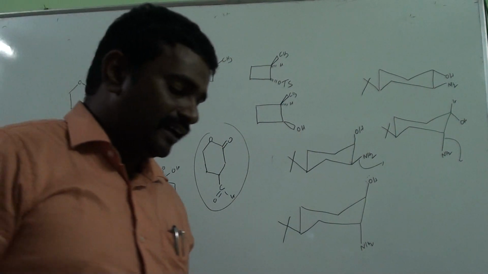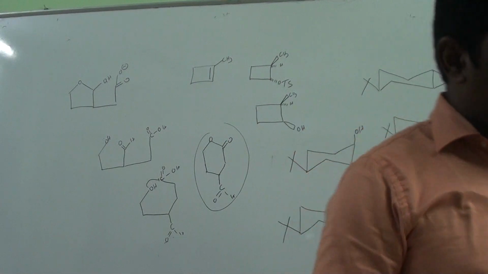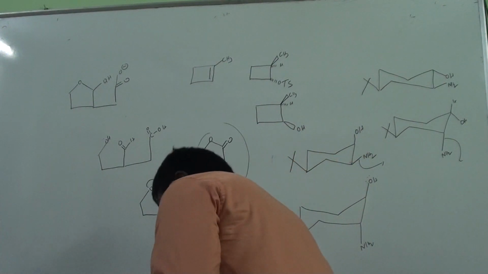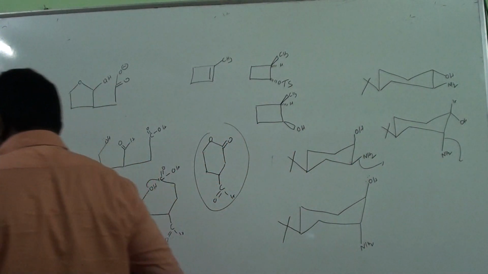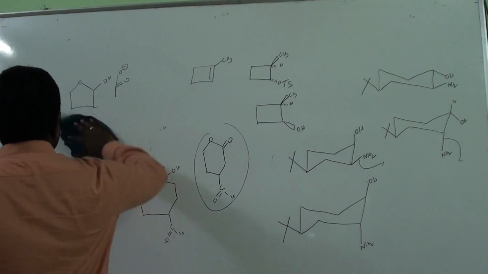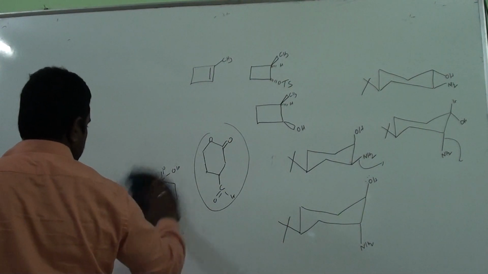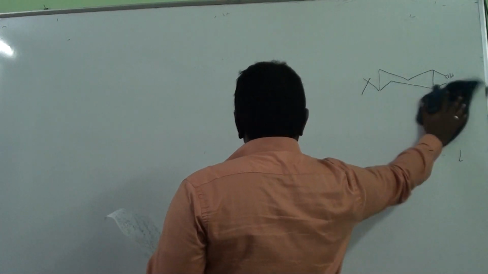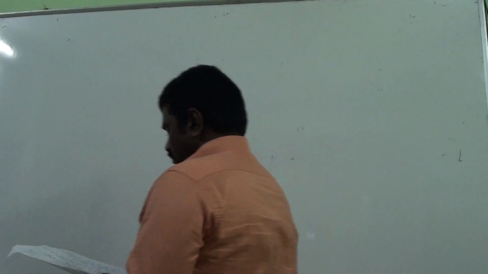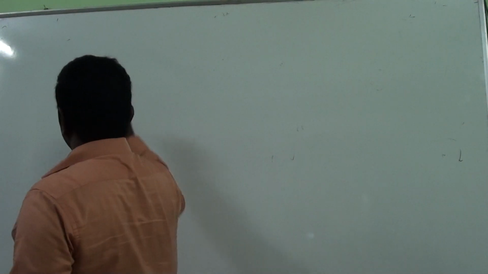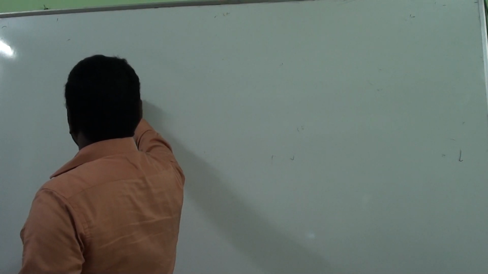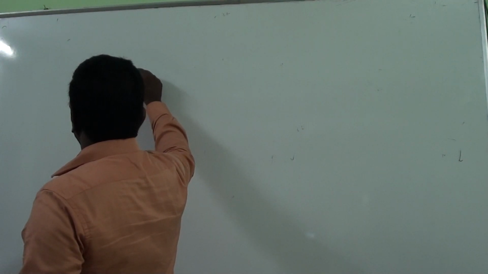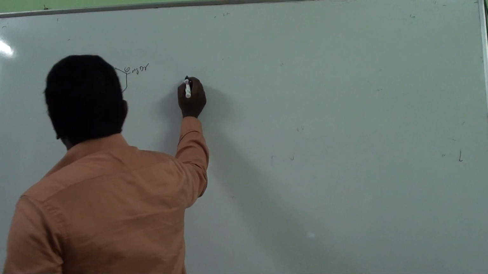Select the incorrect reaction in Grignard reagent. Okay. Select the incorrect reaction in Grignard reagent. So the first, you'll get MgBr like this, okay?